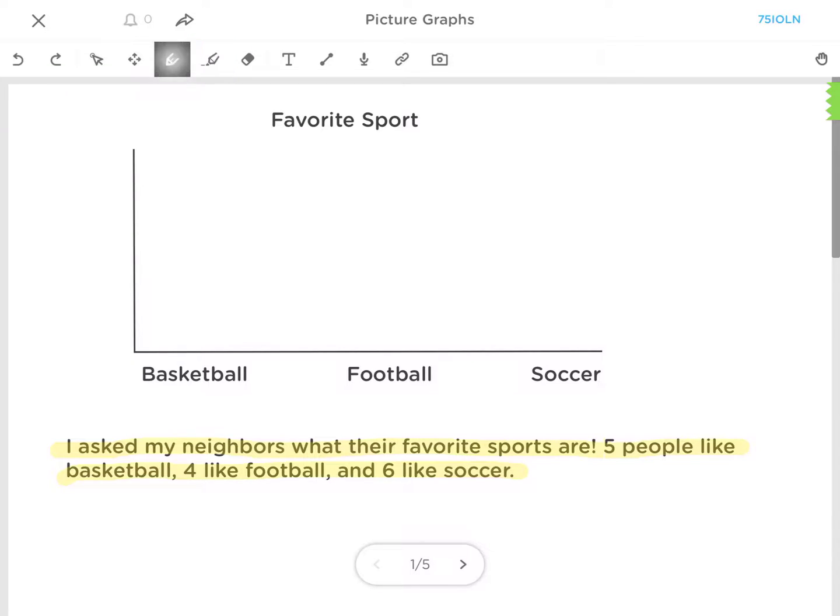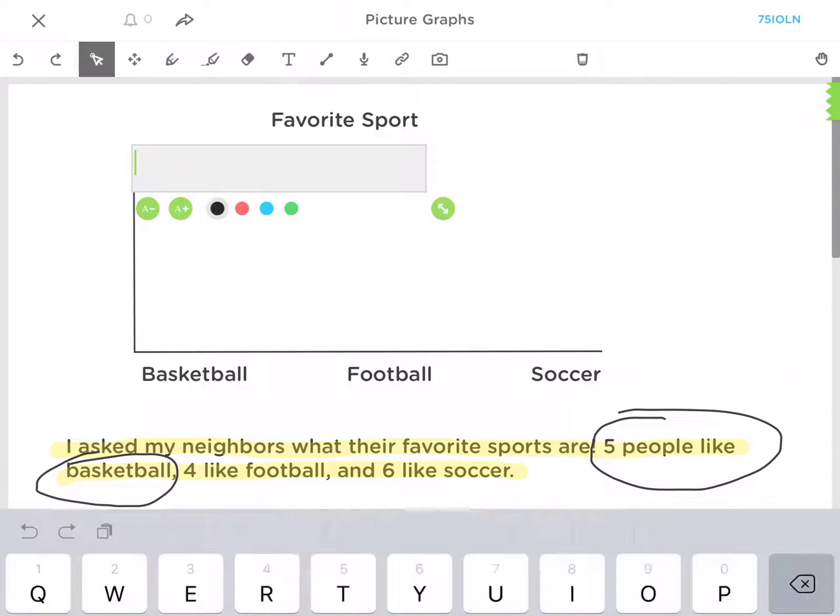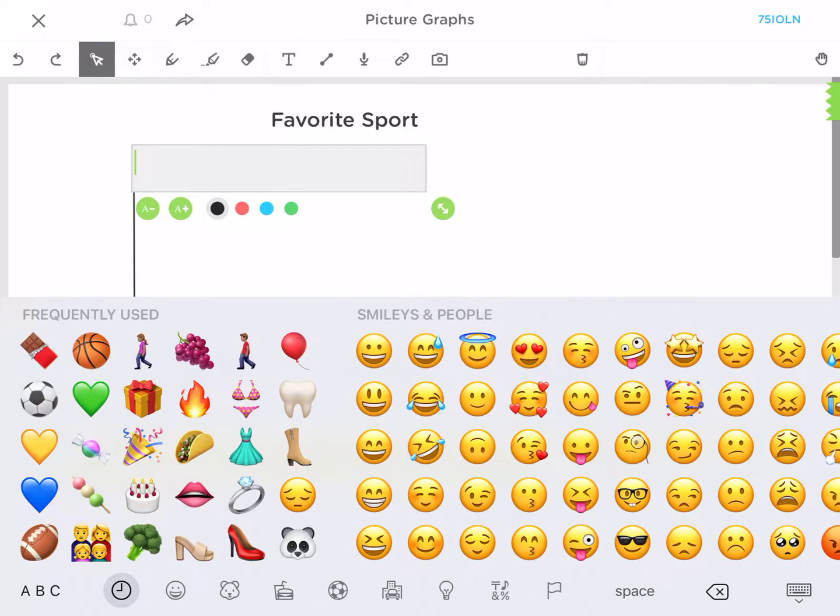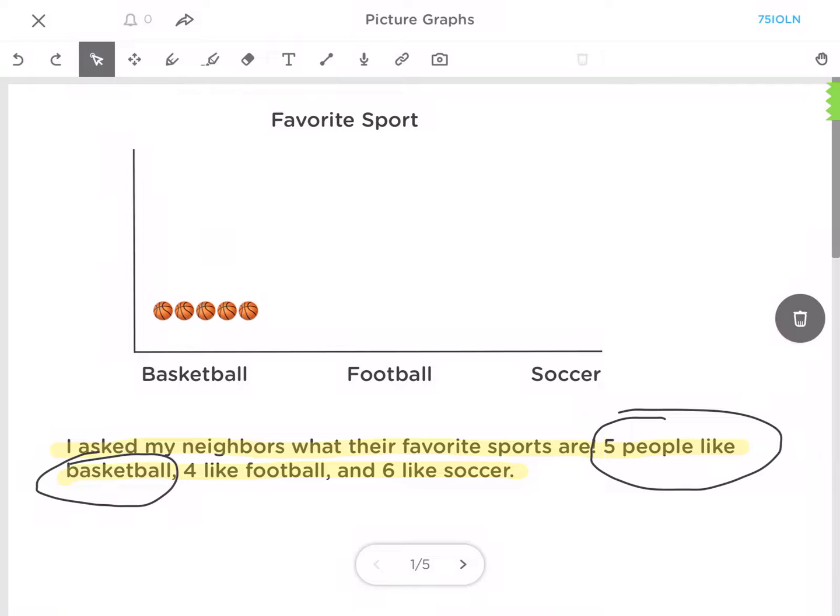First, I'm going to represent basketball. I had 5 people in my neighborhood say that they liked basketball. So I need to go find the basketball emoji. There it is right there. 1, 2, 3, 4, 5 people liked it. I do not want to put my emojis like this.